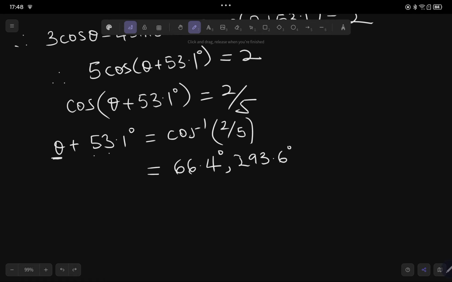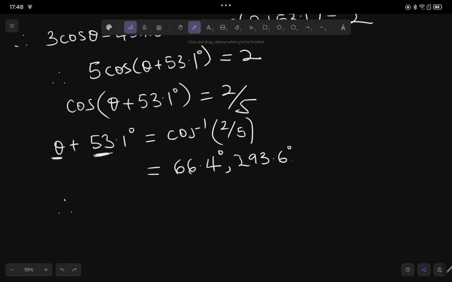Does it make sense? 360 plus 53.1 is 413.1, which is the highest we can go. What is 360 plus 66.4? We get 426.4, so we can't go for another round. We stop there.